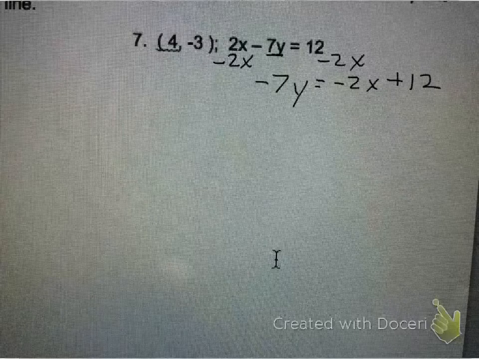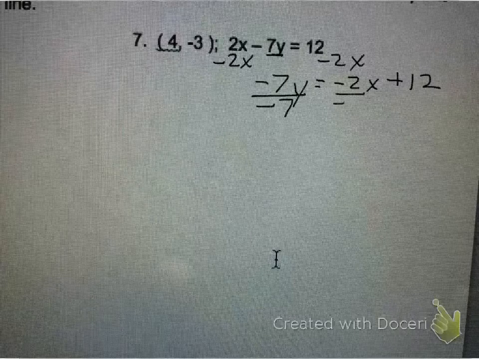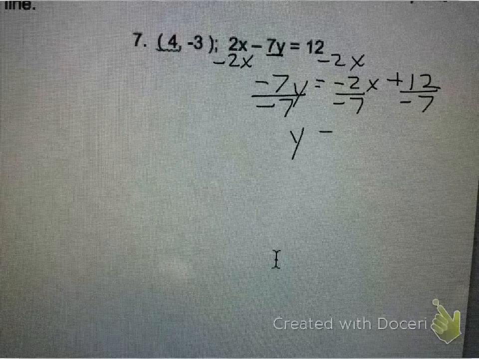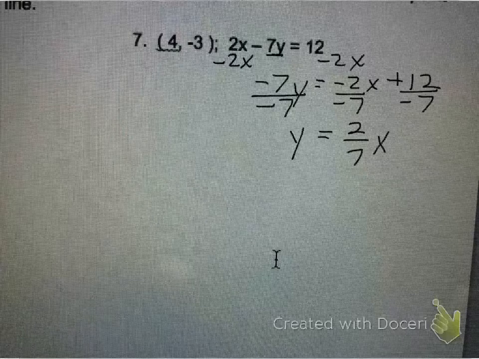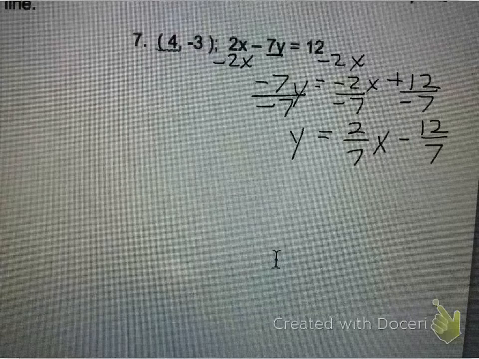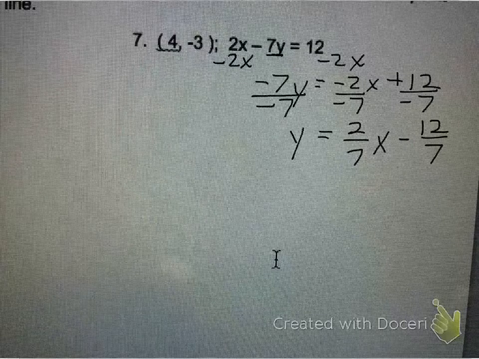And then would you divide by 7? Good, divide by -7. So you're left with y is +2/7 x minus 12/7. So there's our equation that we have right now.